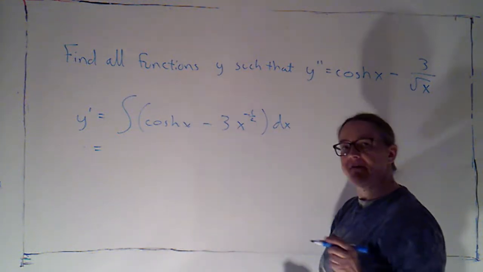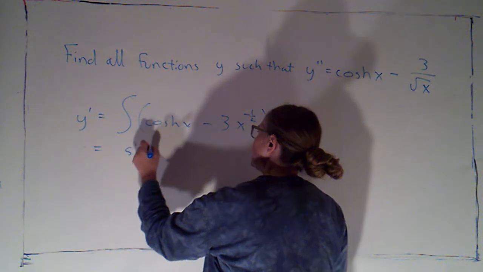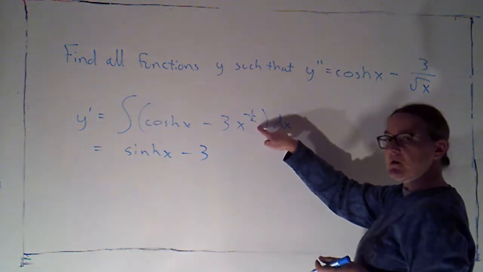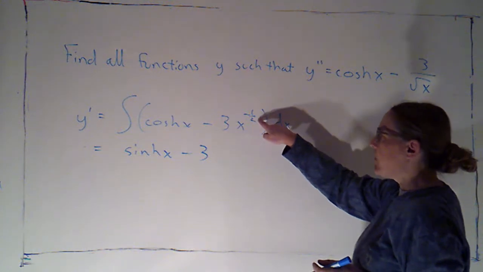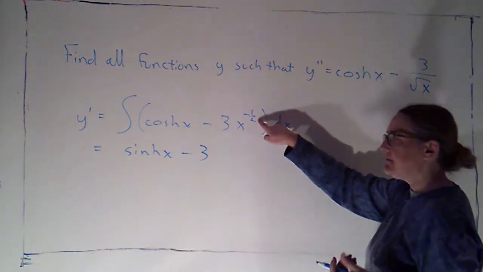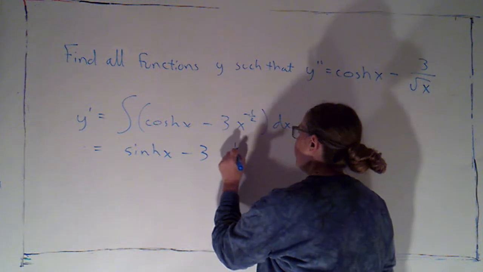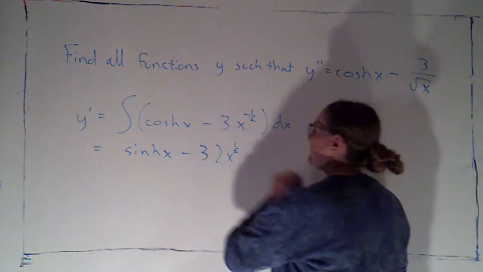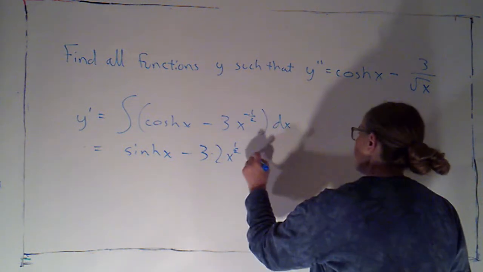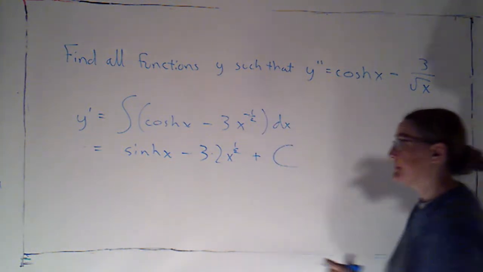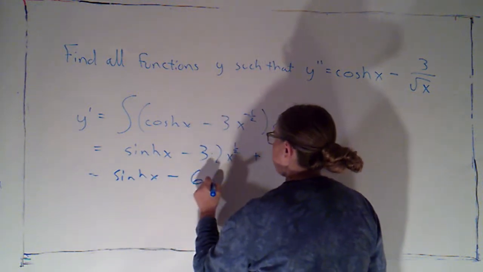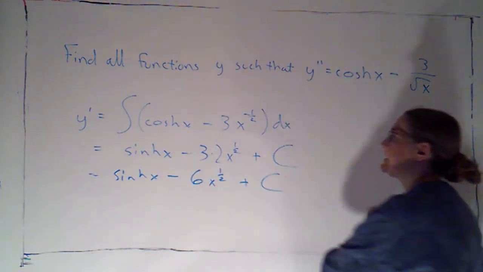An antiderivative of cosh is just sinh, minus 3 times, I'm going to use the power rule. Negative 1/2 plus 1 is plus 2/2, so that's going to be x to the 1/2. Divide by that new power, and dividing by a half is multiplying by 2. Then I get a plus c. So we've got sinh x minus 6x to the 1/2 plus c.